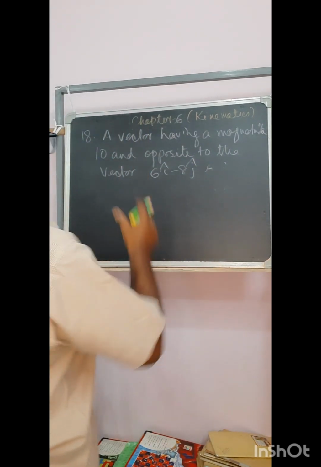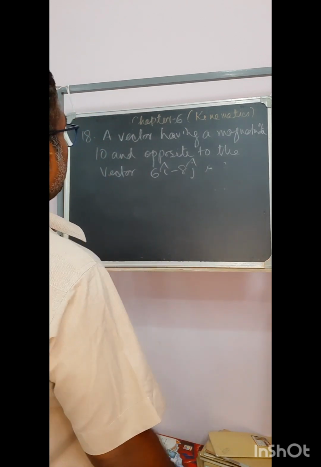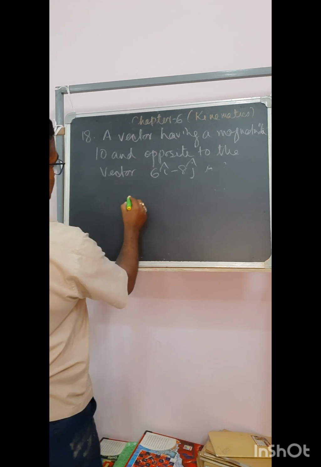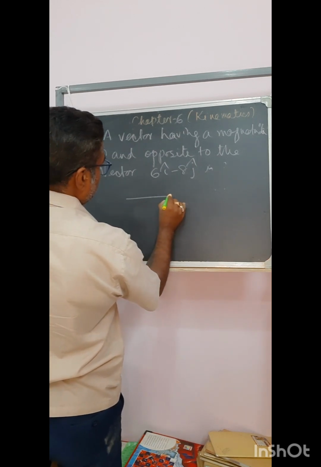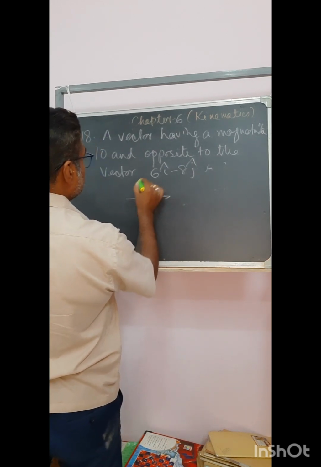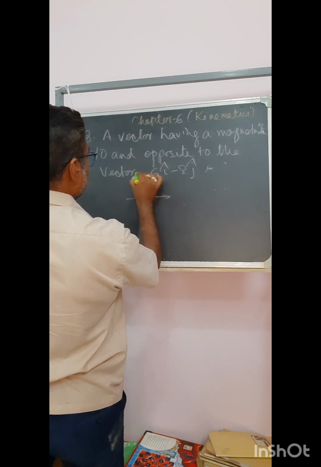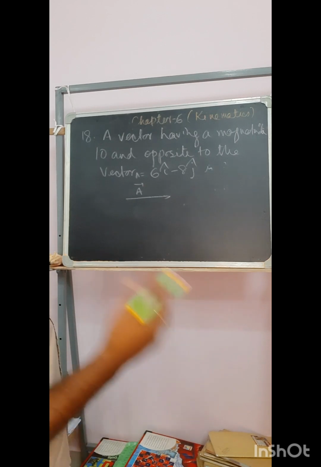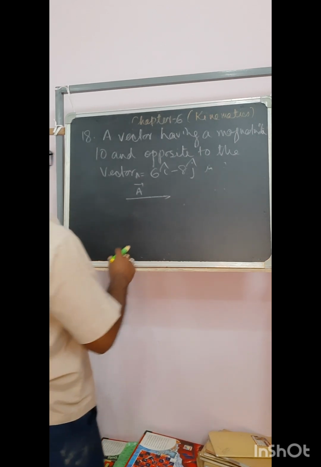A vector having magnitude 10 and opposite to this vector. Now what is the opposite vector? This is one vector. Let's say I am assuming it is A vector.